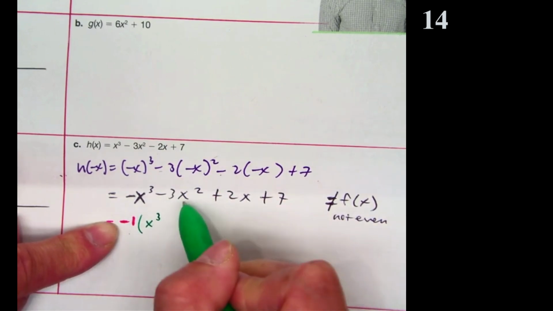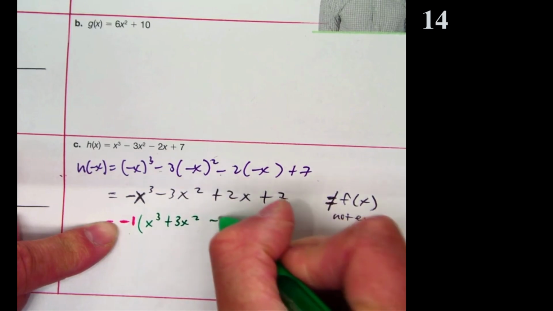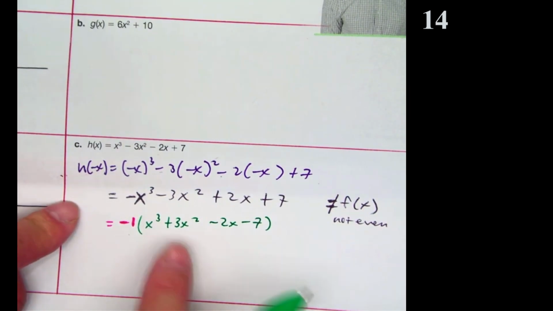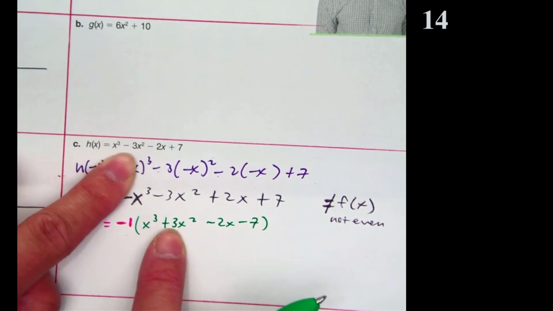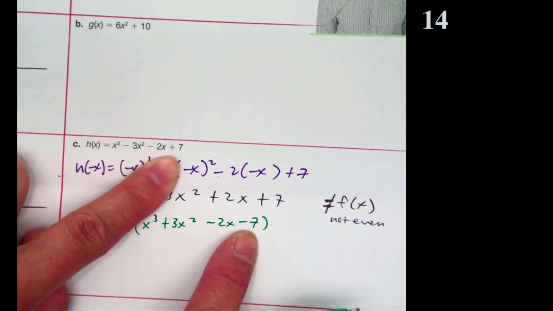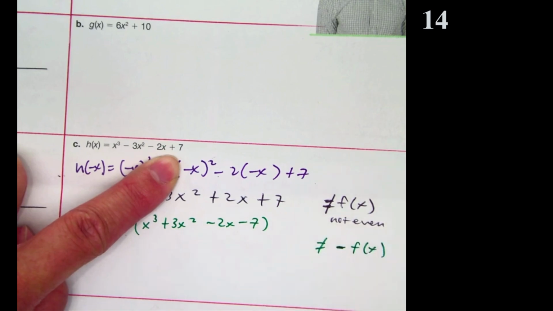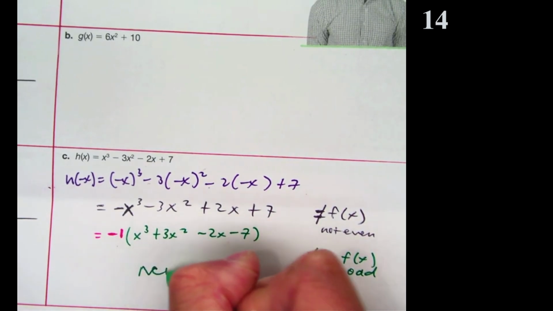You're just doing the opposite math operation, right? So that's a positive 3x squared, negative 2x, minus 7. Class, in green, is that the original problem? No, it's not. So this is not the opposite of the original, so it's not odd. It's not even, it's not odd, therefore it's neither.